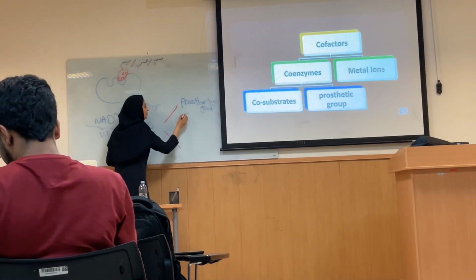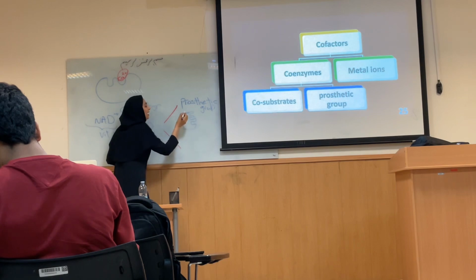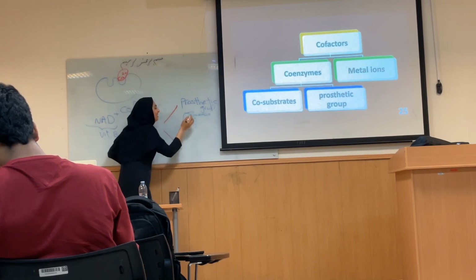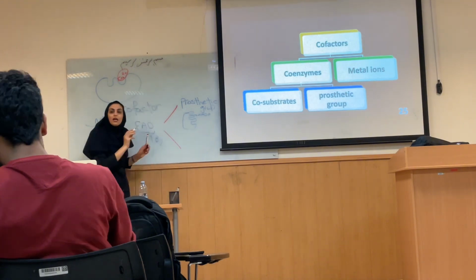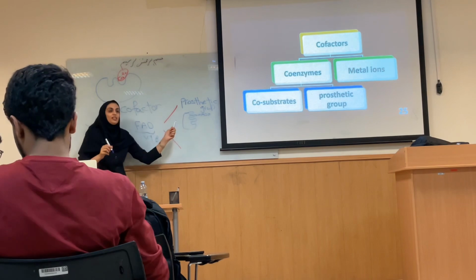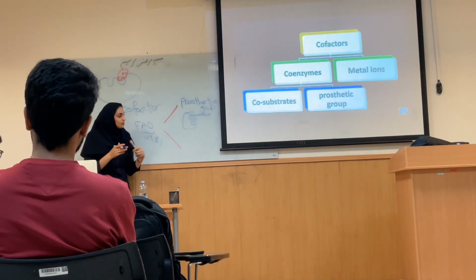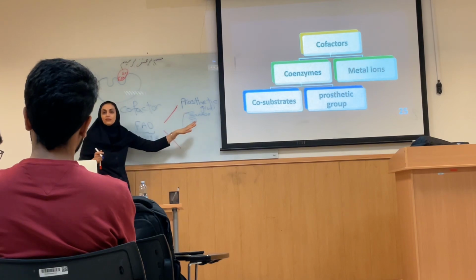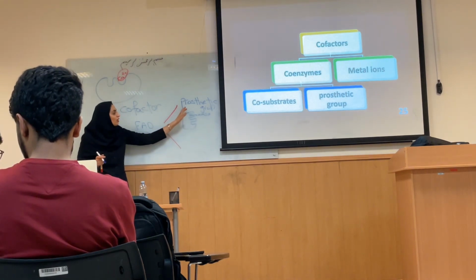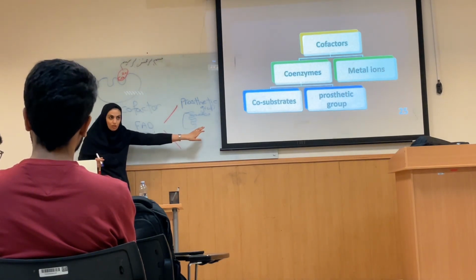For example, this is your enzyme structure, and this NADH is part of the enzyme structure, not just attaching here temporarily. This is there permanently. This is part of the enzyme structure. We call that a prosthetic group. Did you get the point?